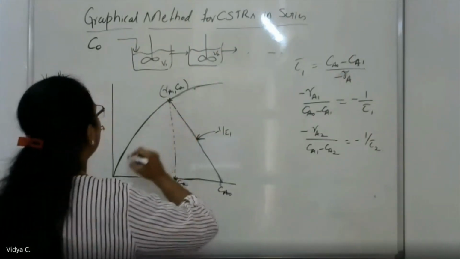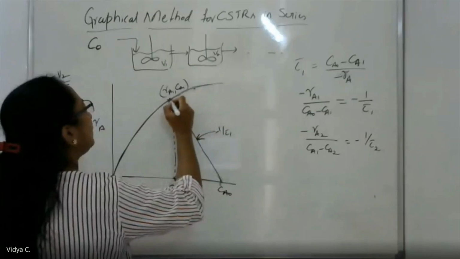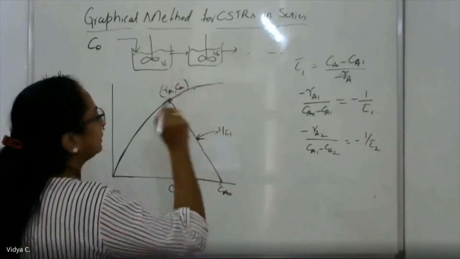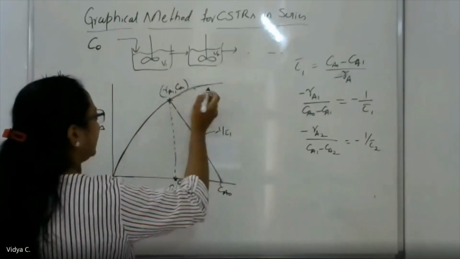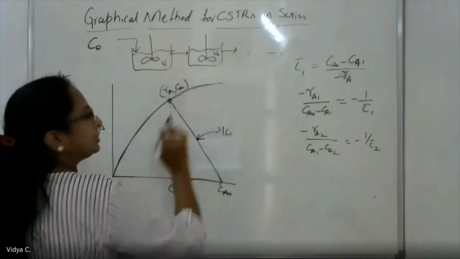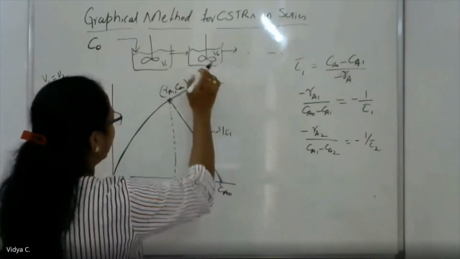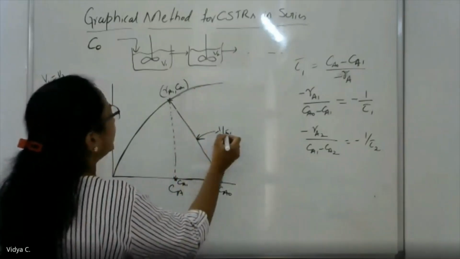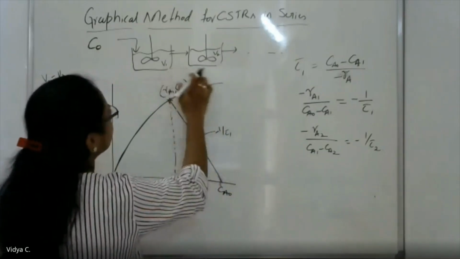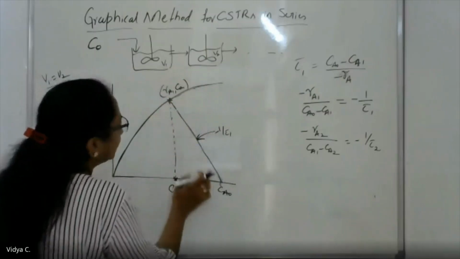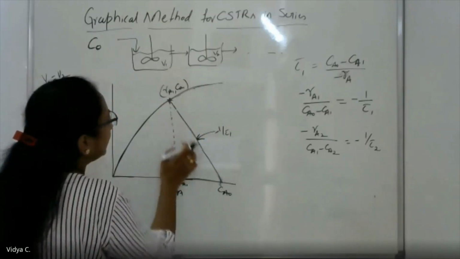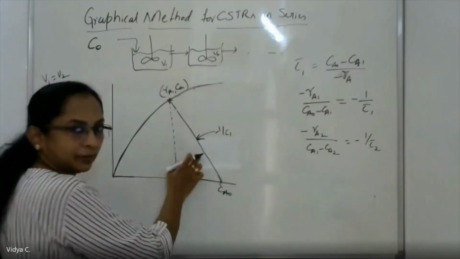For a CSTR, on the rate concentration curve, you can get R1 and C1. R1, C1 can be shown on the rate concentration curve. Okay. So for the next reactor, let us repeat the same procedure. If the volumes of the CSTRs are the same, then the next slope I draw should be parallel to minus 1 by tau 1.